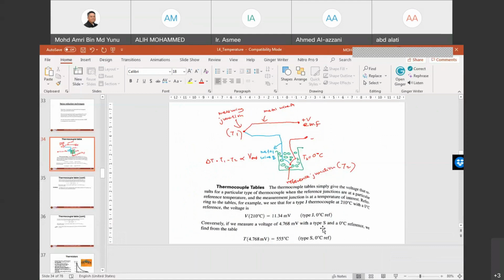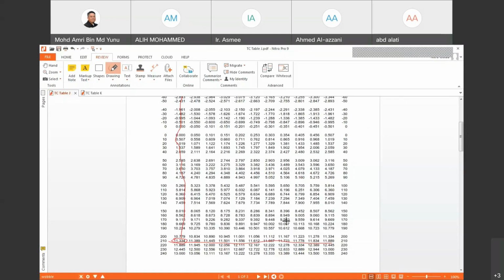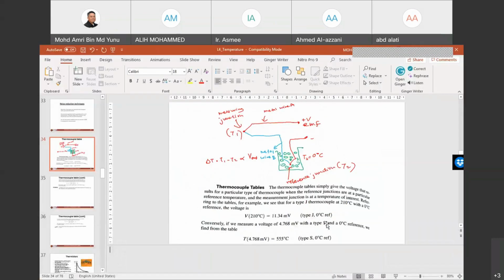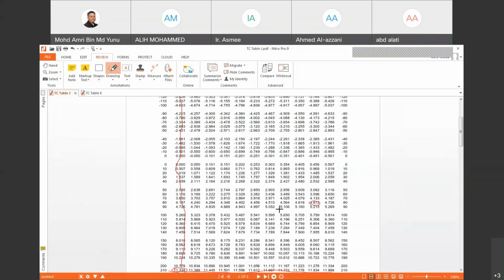If the voltage is 4.76, I'm not sure whether the exact value is 4.68, or 0.468 millivolt, or 0.768.